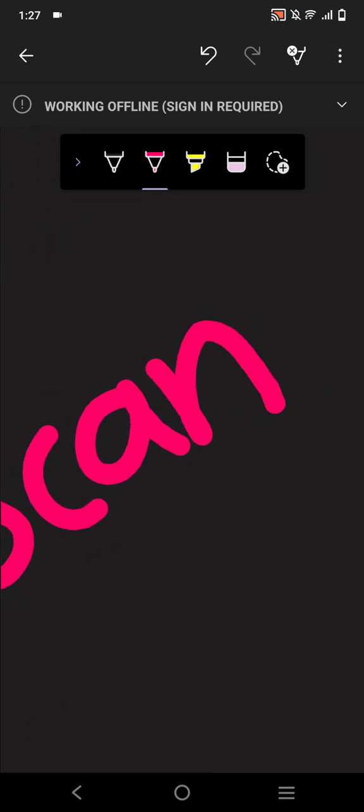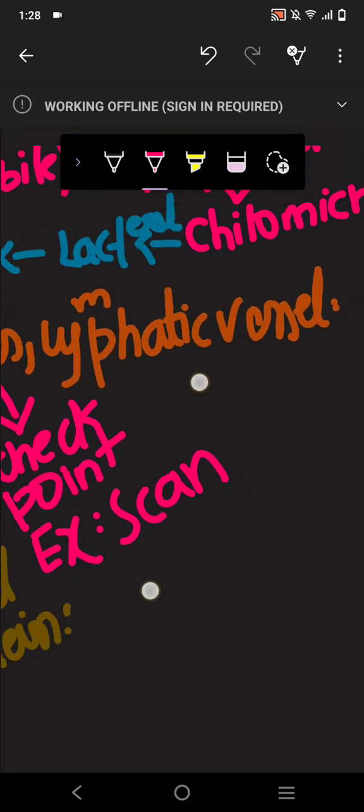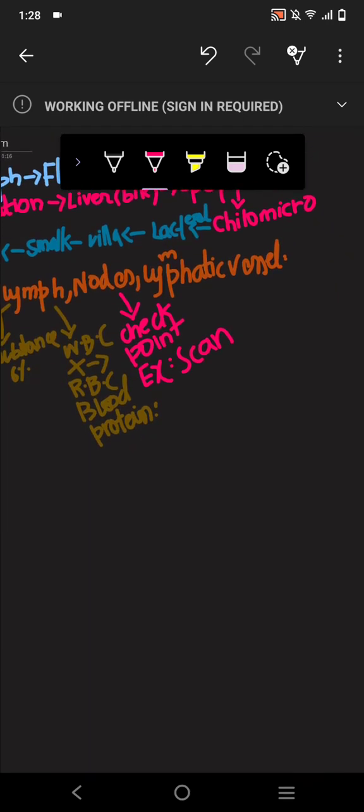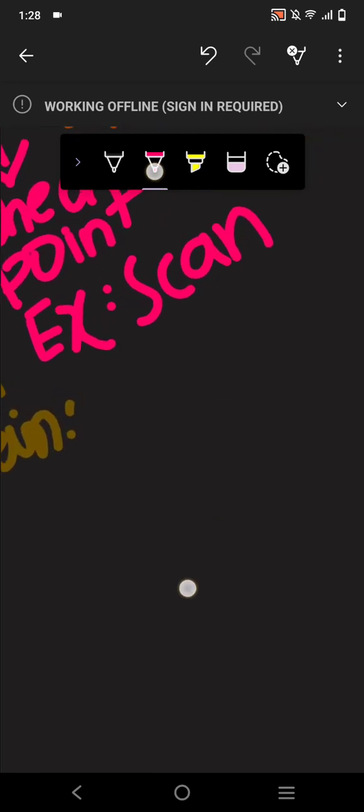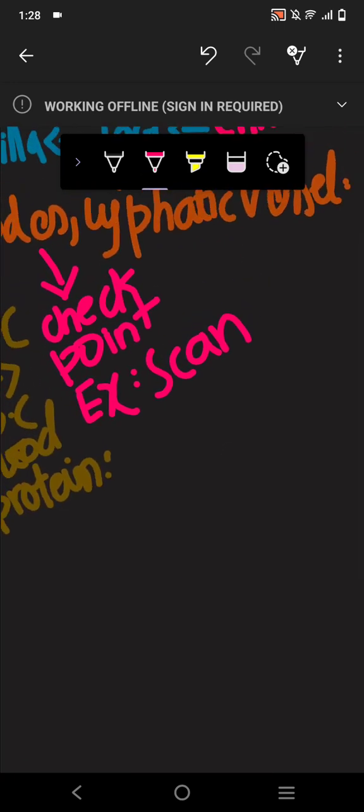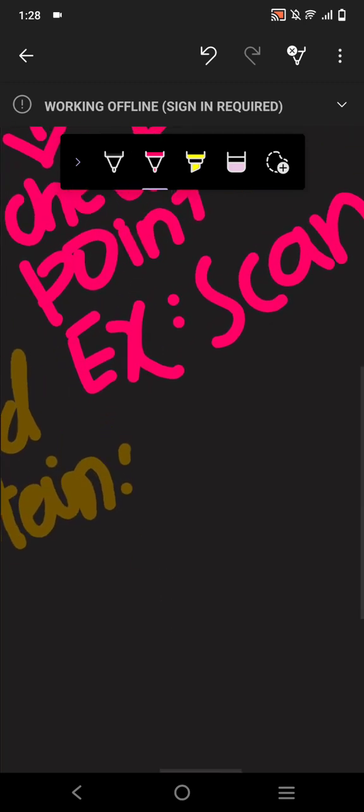What is the meaning of this? It will find out if there is any pathogen in that liquid. If there is, it will kill or extract that pathogen, so that the lymph does not circulate it into the circulatory system. As we know, the circulatory system supplies blood to all body parts, so if the lymph nodes were not there, the pathogen would be all around your blood, your body. That is why these are the checkpoints.